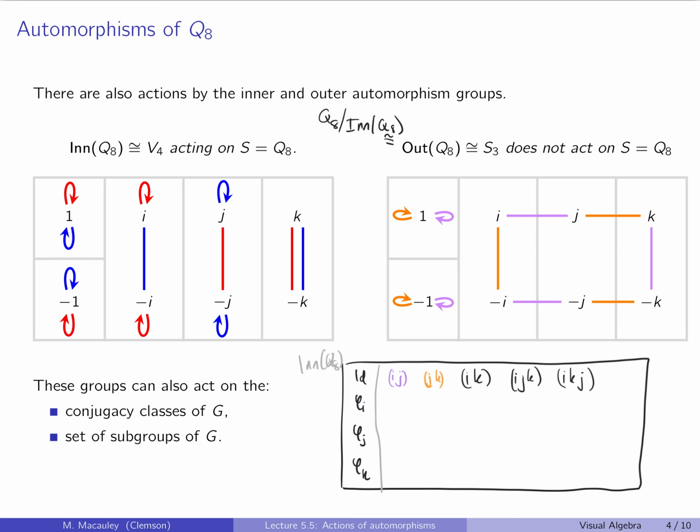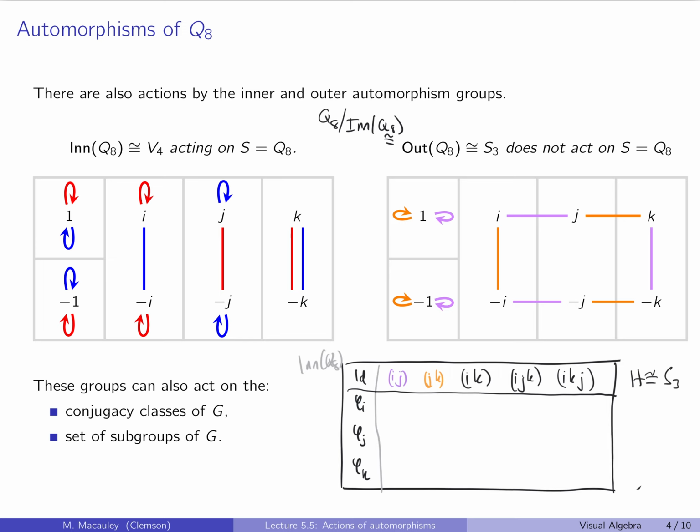And then this group here, how about if I put this here, and then I will use my eraser and just get rid of this. And this group here is H, which is isomorphic to S3.